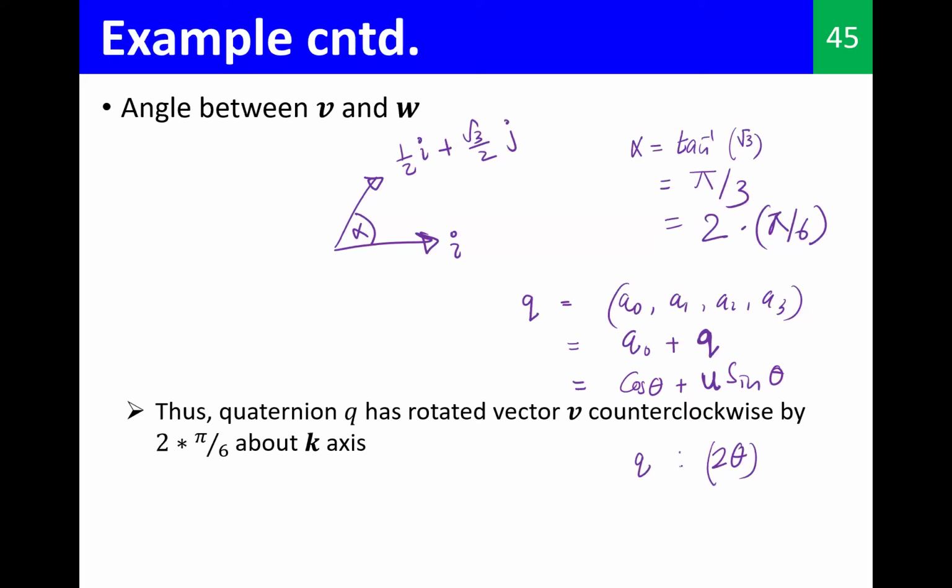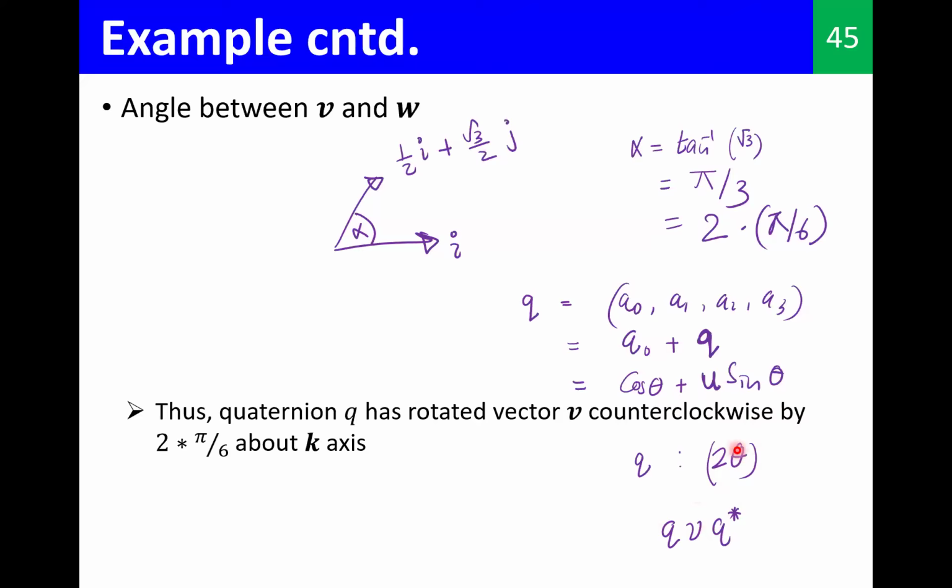That is not actually a surprise because, remember, we are using a triple product, Q, V, Q conjugate. So some sort of twice action happens, which may explain why twice the angle of rotation is happening. But you can keep that in mind.